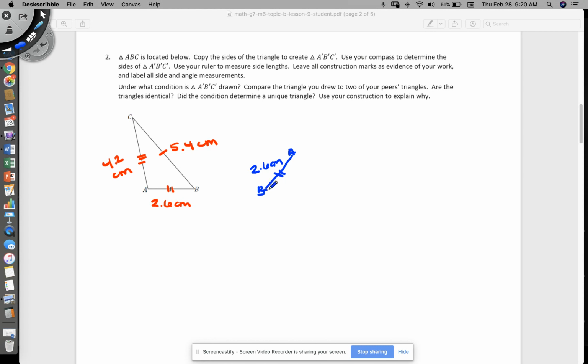Then I created my baseline going out this way. I made BC my baseline, so I'm going to label that C, and that was 5.4 centimeters. And then I connected these two, my AC, which was 4.2 centimeters. Now this one had 3 check marks and this one had just 1.